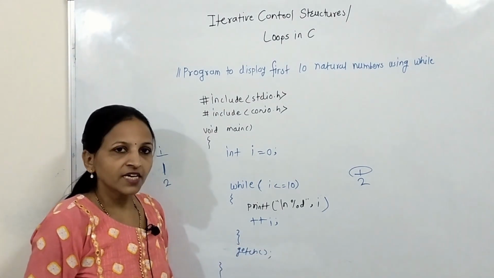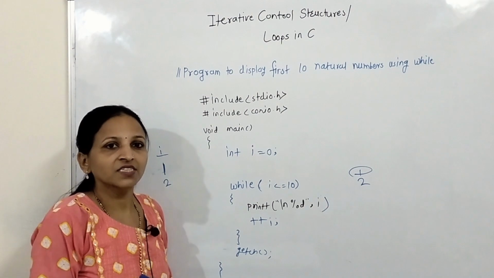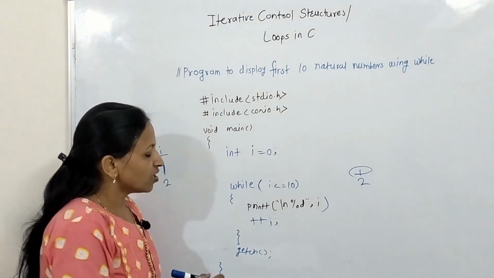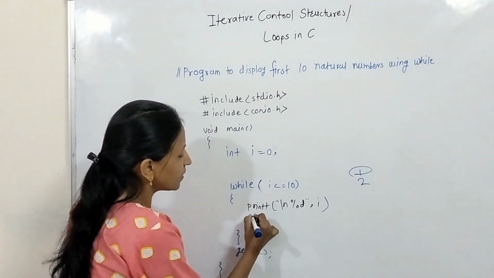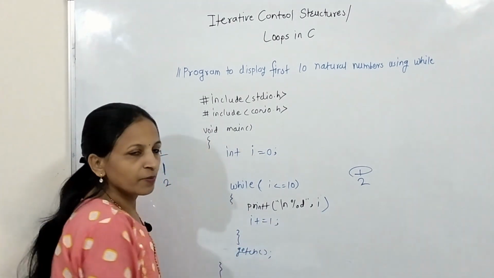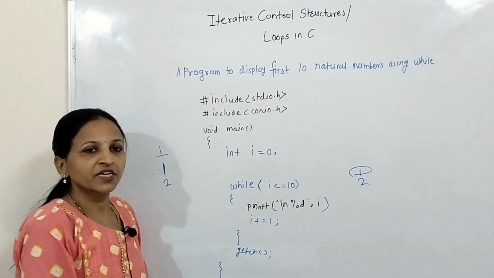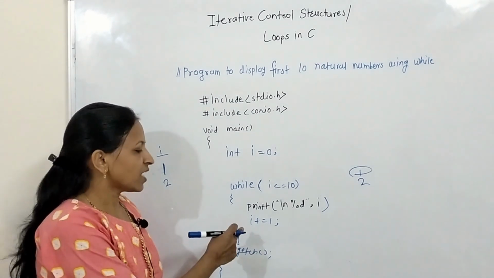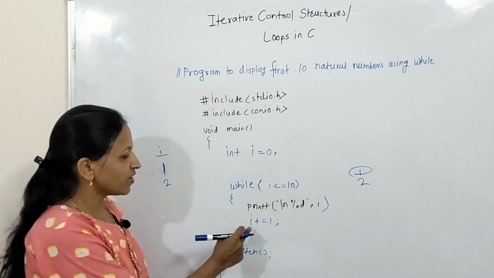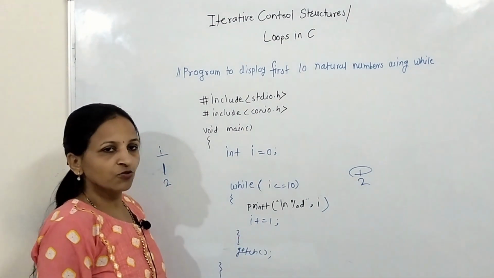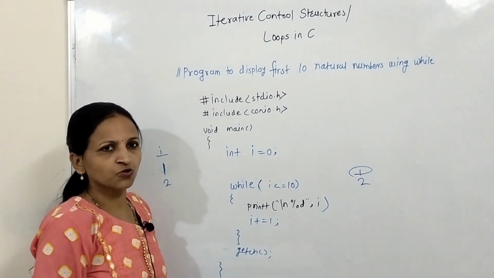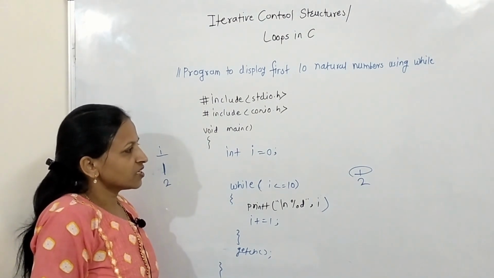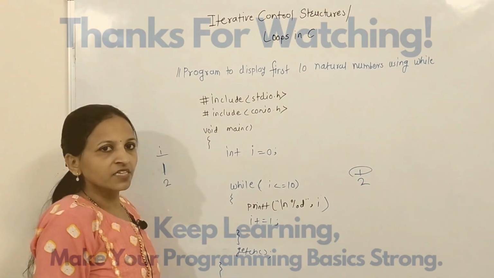In both cases the meaning remains the same, that is I equals I plus 1. Getting it? Also you can use I plus equal to 1, no problem. It is the shorthand operator that you can use for modifying the value of the variable I, to increment the value of I by 1. You can also write this as an update expression. These are all the points that you should keep in mind while using while.